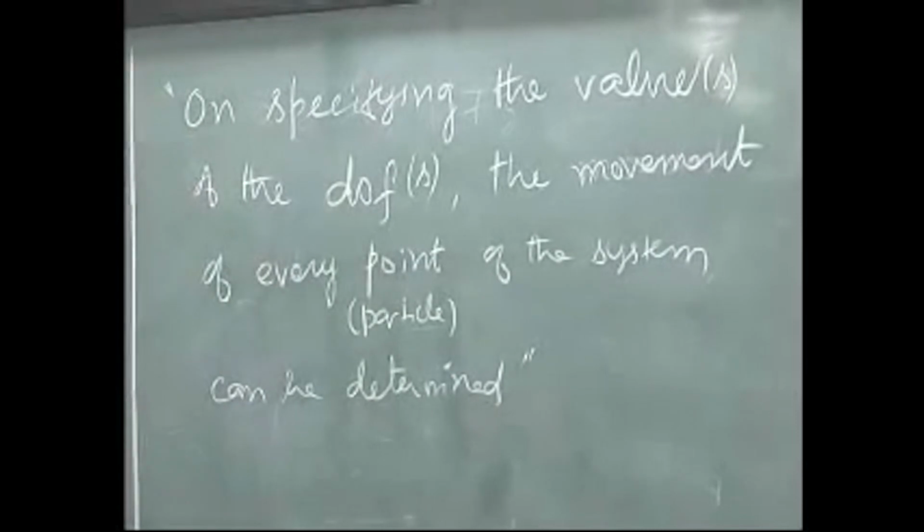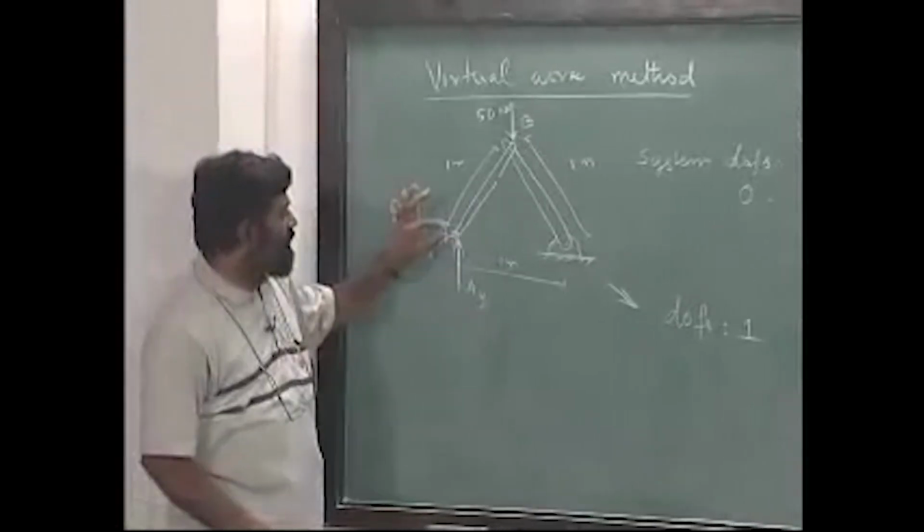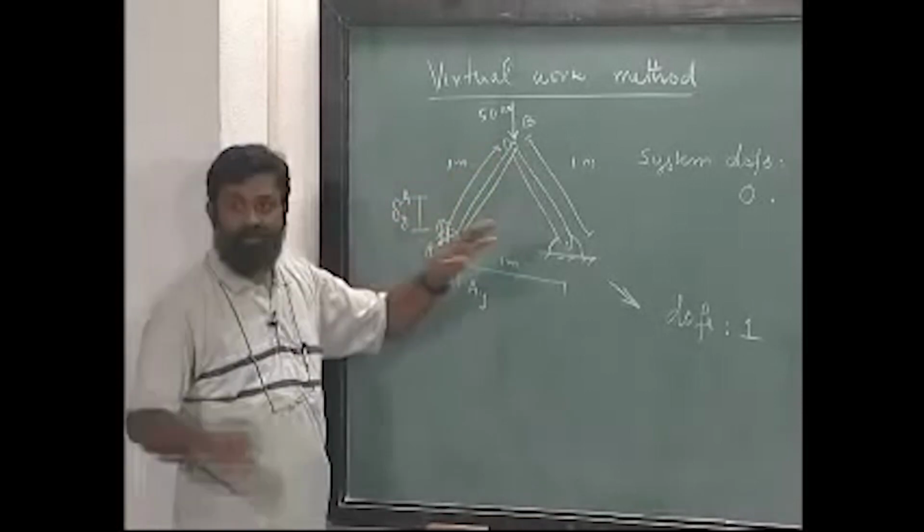This is very important. This is what we call kinematically admissible displacement. For example, in this, if I move this guy, every point of this would have moved.